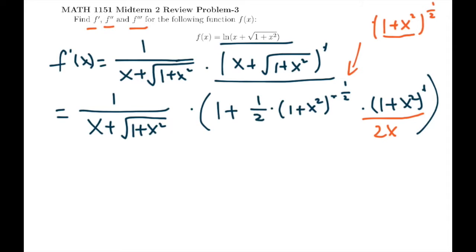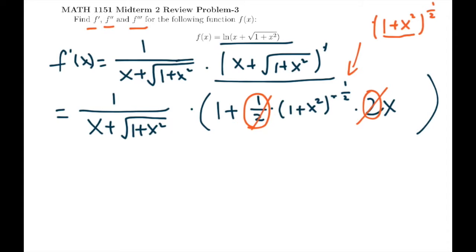Okay, so I'm going to replace this final piece by just 2x. Times 2x. Okay, and then we can actually do some cancellation, because we have 1/2 here and we have 2 here.